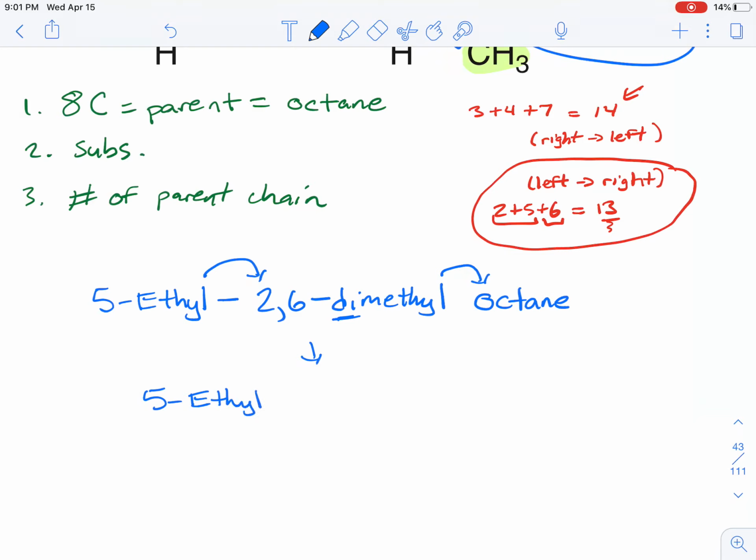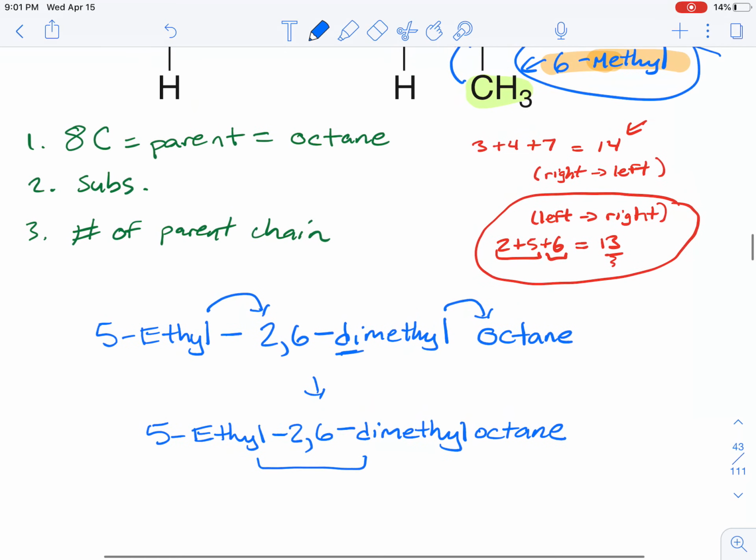So 5-ethyl-2,6-dimethyloctane, all in one word.